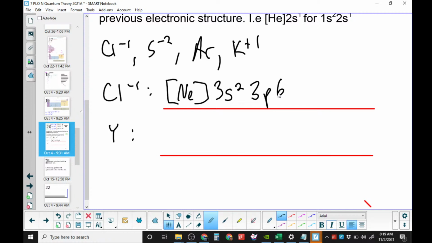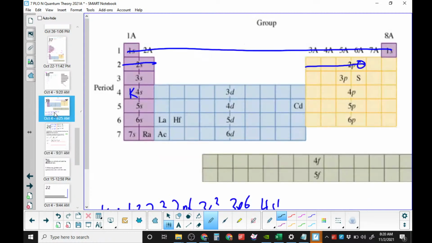Brooklyn. Yttrium. You would have had it yesterday, or last day. Oh, dear. Well, find yttrium on your periodic table. Yttrium is right there.